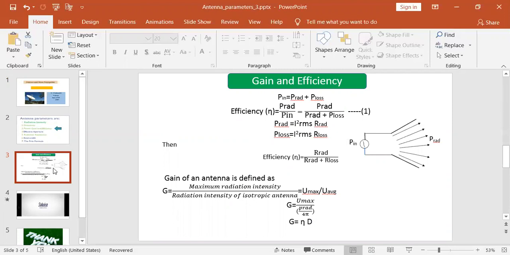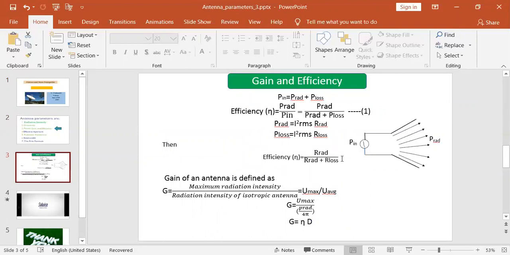Gain can also be defined as maximum radiation intensity by radiation intensity of isotropic antenna, that is U max by U average. So how to calculate this gain in terms of efficiency?